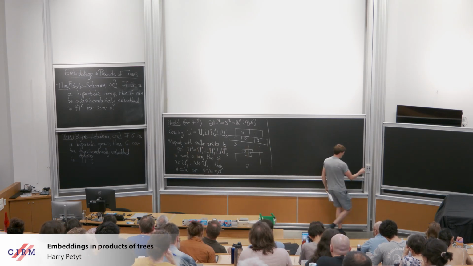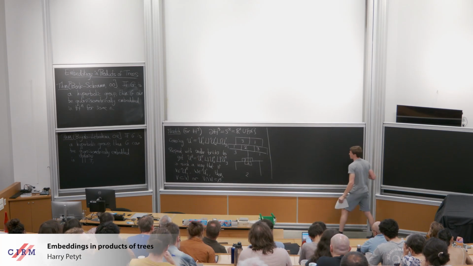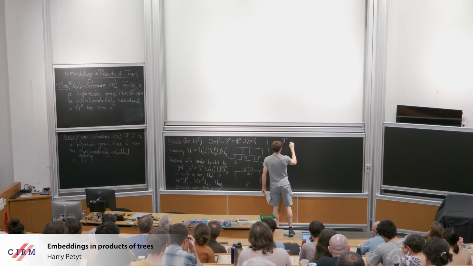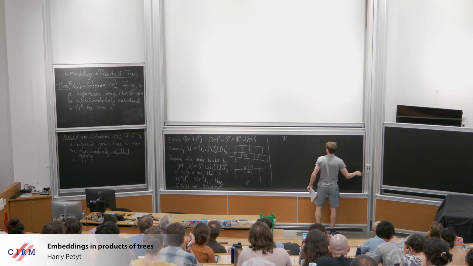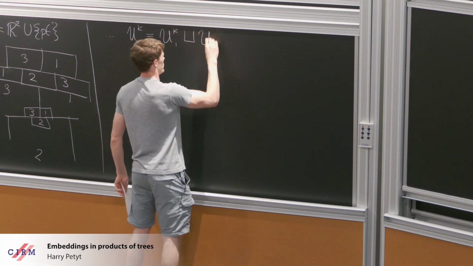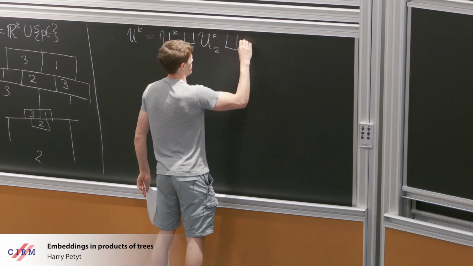And I repeat this, and I get a sequence. I get UK, which is UK1 union UK2 union UK3.